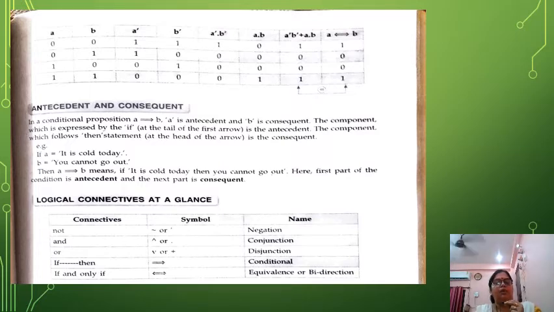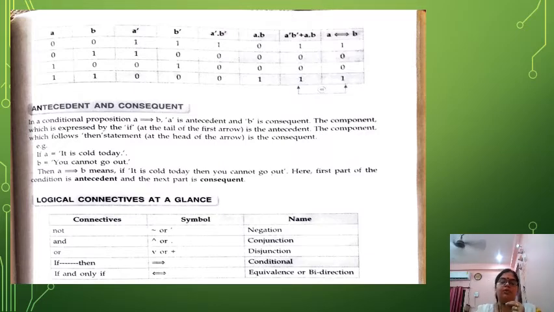See how here you can say this is your antecedent and this is your consequent. It means if it is cold today, then you are going to go out. Here the first part of the condition is antecedent and the next part is consequent.